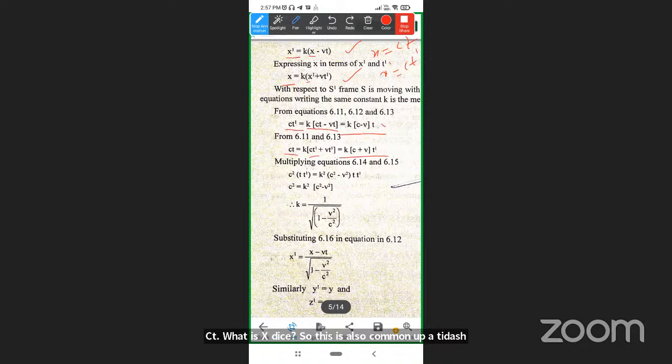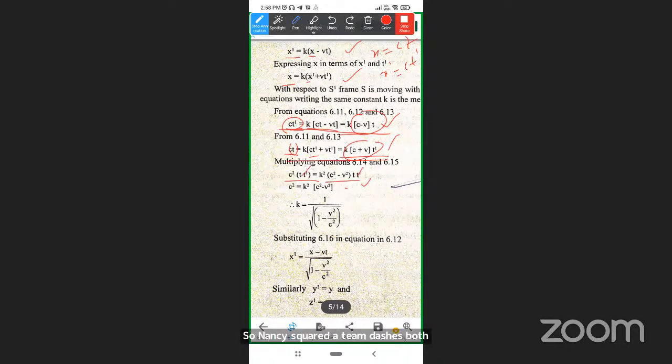Now we multiply these two equations. So c square into t t' on one side, and on the other side k square into (c minus v)(c plus v), that is c square minus v square, into t t'. Then t t' on both sides is cancelled.